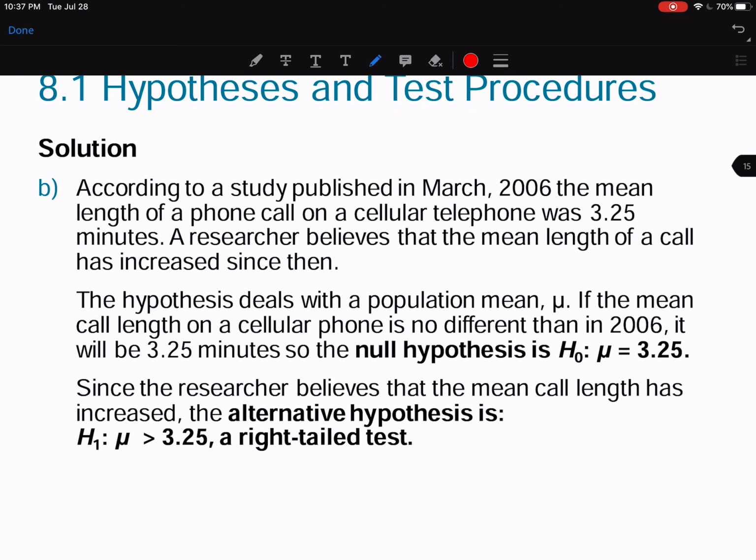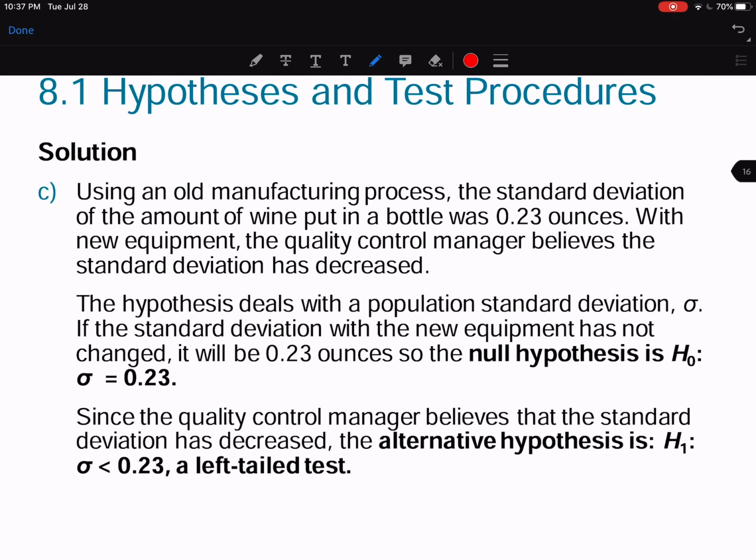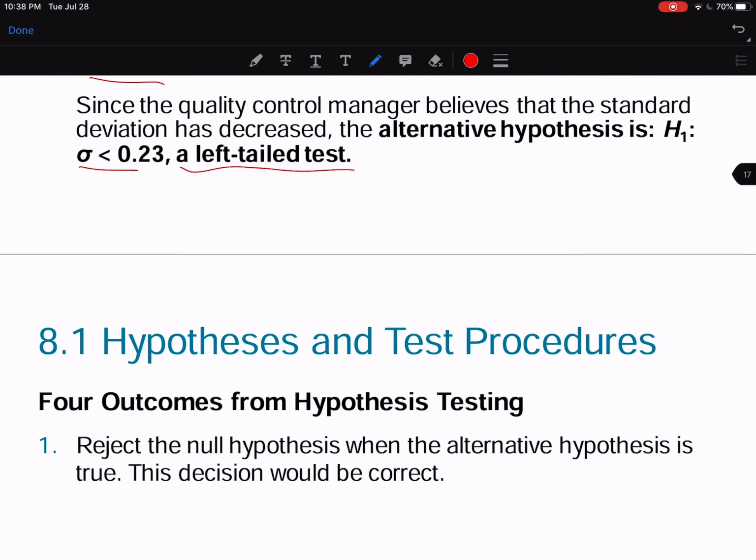All right, part B, the null hypothesis mu is equal to 3.25, the alternative hypothesis is mu is greater than 3.25, and it's a right-tailed test. Same thing as what we got. Part C, the null hypothesis sigma is equal to 0.23, and the alternate hypothesis sigma is less than 0.23, and it's a left-tailed test. Okay, exactly the same thing as what we got up above.